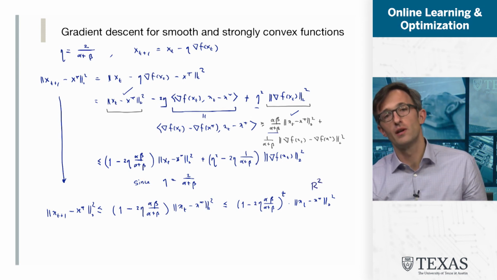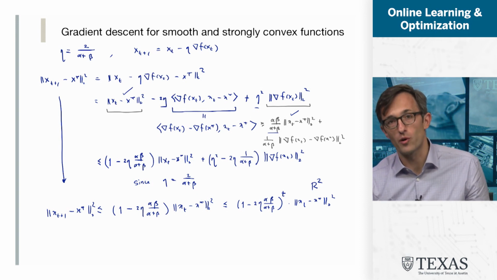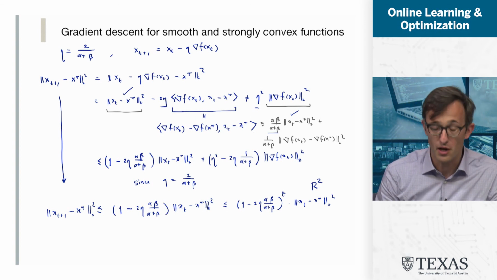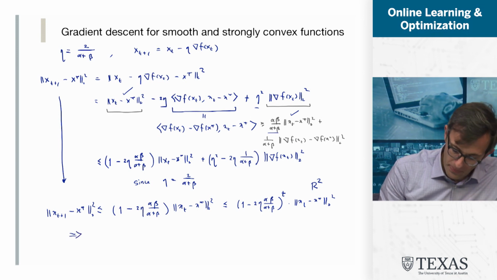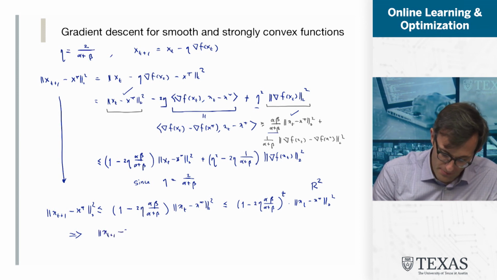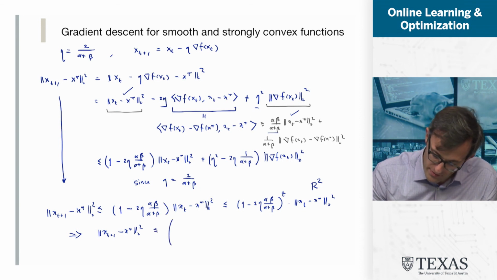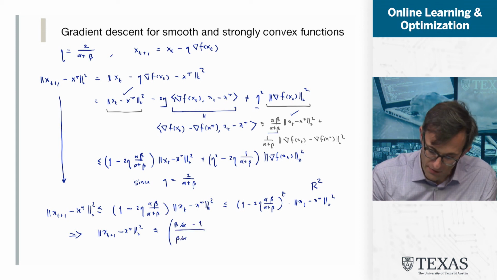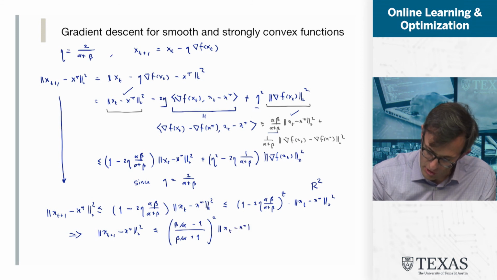This is very similar to the behavior that we saw when we looked at that function 3x squared plus 4x, that polynomial, and we saw what gradient descent is able to do. So finally, if you simplify this a little bit, you'll see that xt plus 1 minus x star squared is less than or equal to, there's a reason for manipulating it in this way, beta over alpha minus 1 over beta over alpha plus 1, squared, times xt minus x star squared.